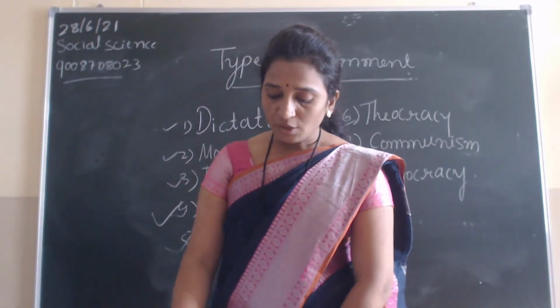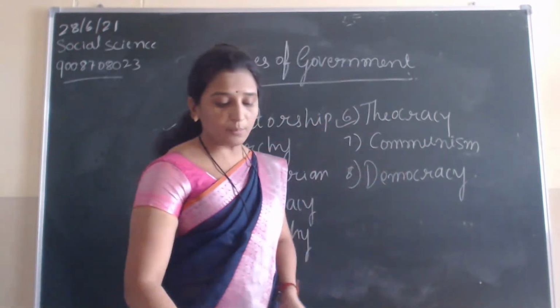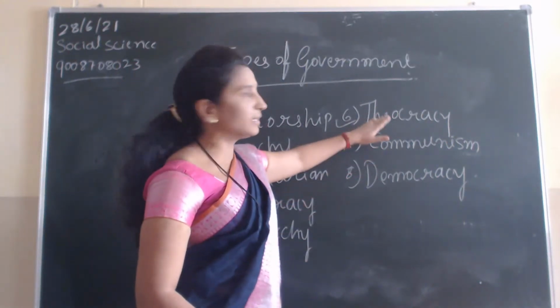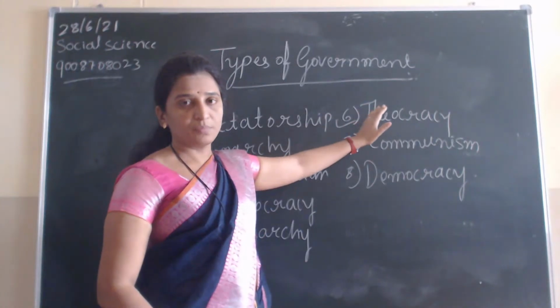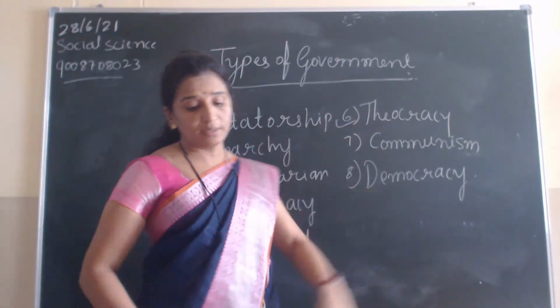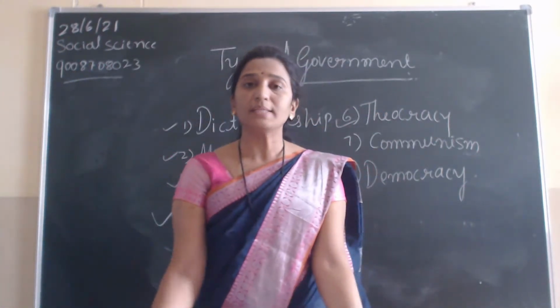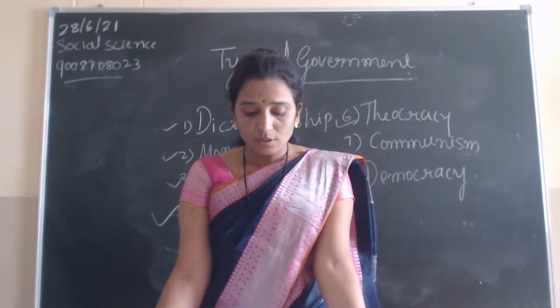Sixth one, theocracy. Theocracy is nothing but what comes under this political system. It is the practice of rule in the name of God and gods.